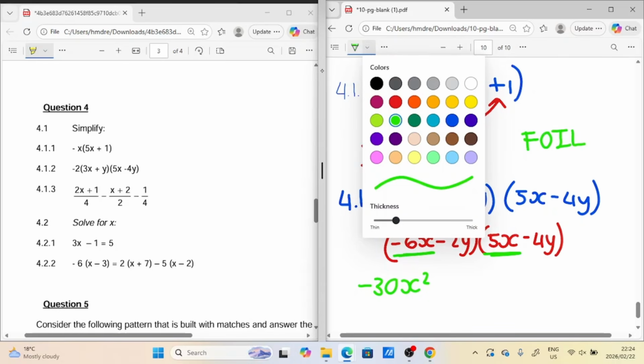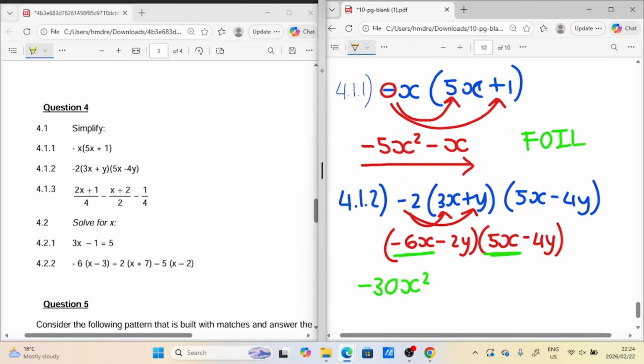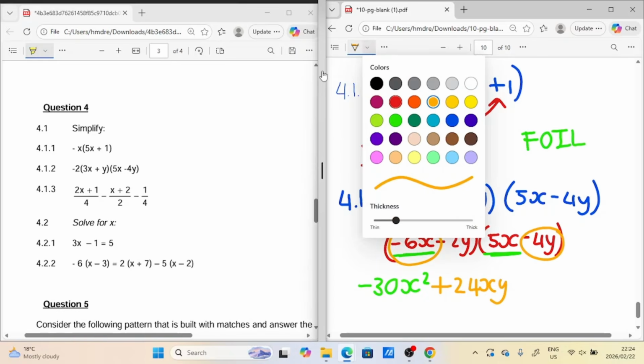Then we do what we call the outer terms. So we're going to go minus 6x times minus 4y. So minus 6 times minus 4 is going to be positive 24xy. Then we do our inner terms.